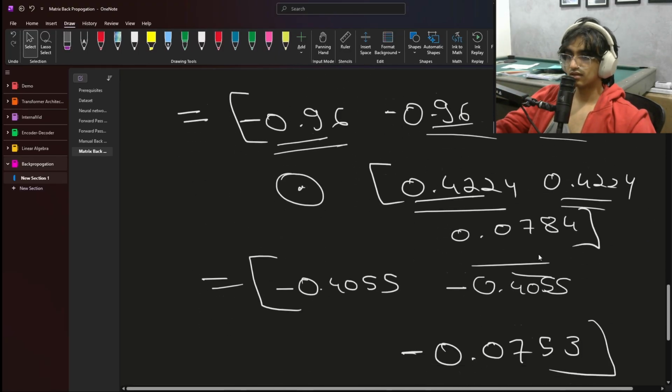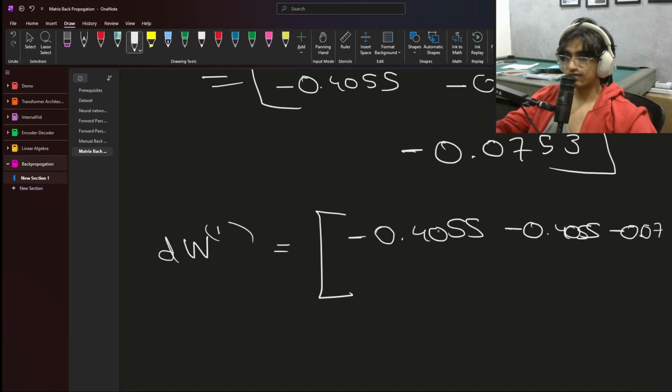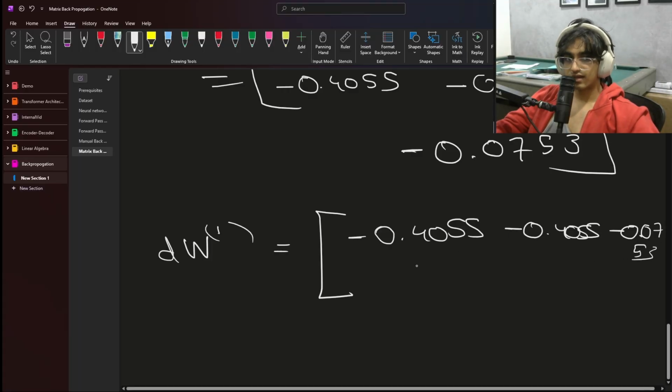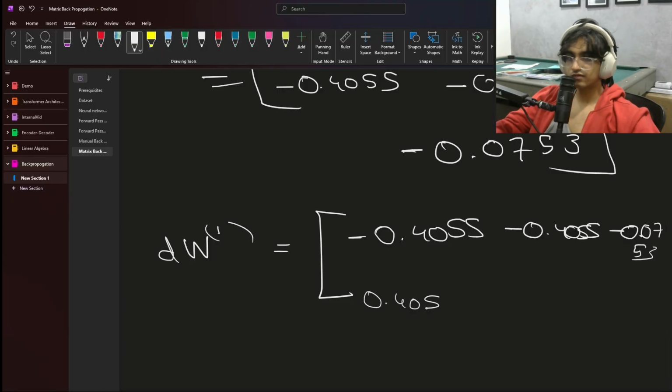This will be 0.0753, and this will be positive 0.4055, again the same, and this will be 0.0753.